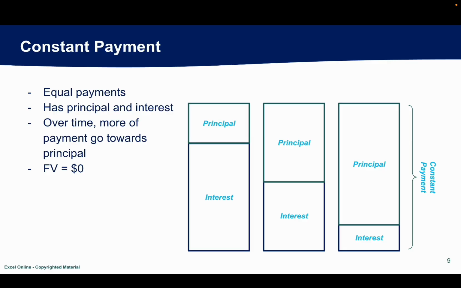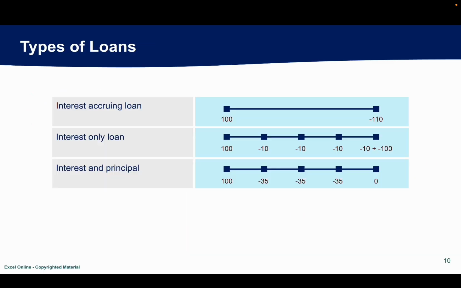In the beginning, very little of the payment goes towards the principal, and most goes towards the interest. But payment after payment, a little more goes towards the principal, and less goes towards the interest. Most of the questions that we will solve are based on the constant payment mortgage. Now, if we were going to draw out these different types of loans, this is how they would look like.